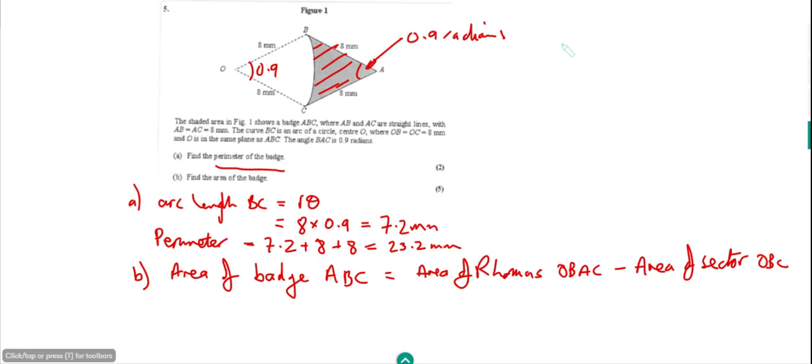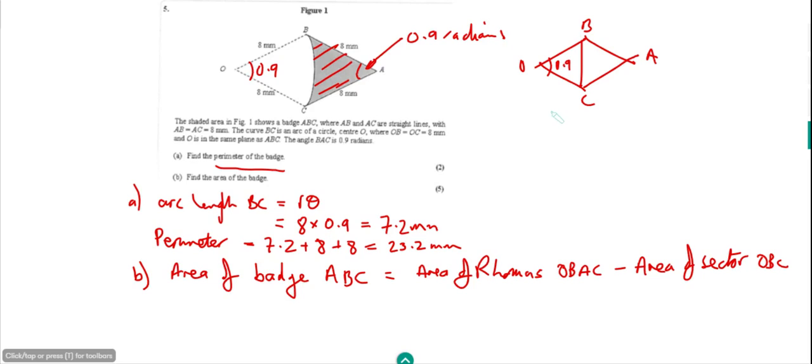For the rhombus, which I'll do up here, we consider it as two triangles. So we've got these two triangles like this, OBAC, where we know this angle, 0.9. So really we can find the total area by doubling area OBC.